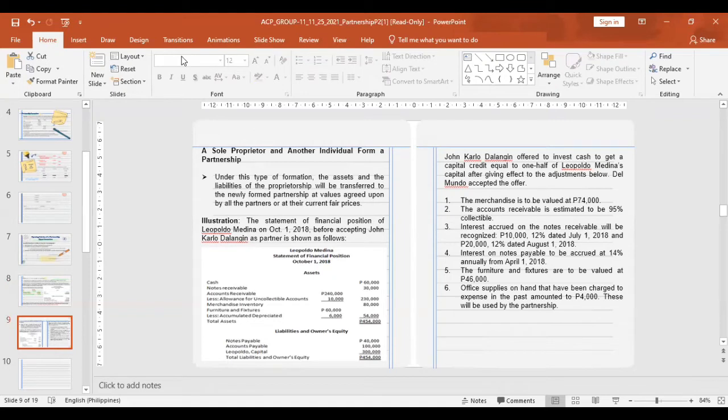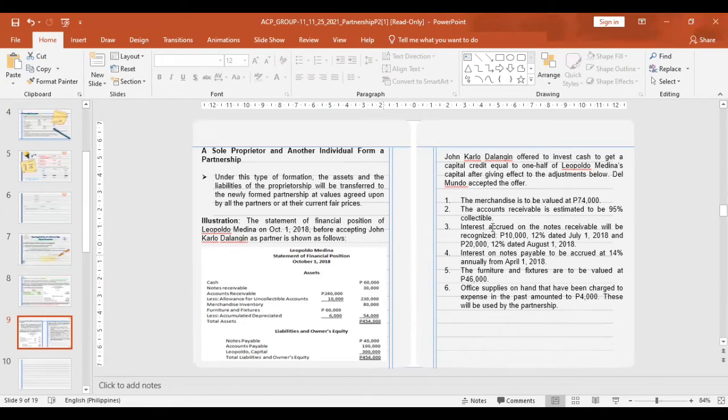So the statement of financial position of Leopoldo Medina on October 1, 2018, before accepting John Carlo Dalangin as partner, is shown as follows. So ito, may business na daw siya Leopoldo dati bago niya naging kapartner si Carlo, which is walang business dati. So John Carlo Dalangin offered to invest cash to get a capital credit equal to 1/2 of Leopoldo's.